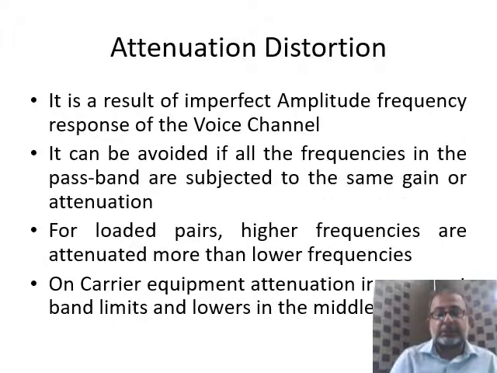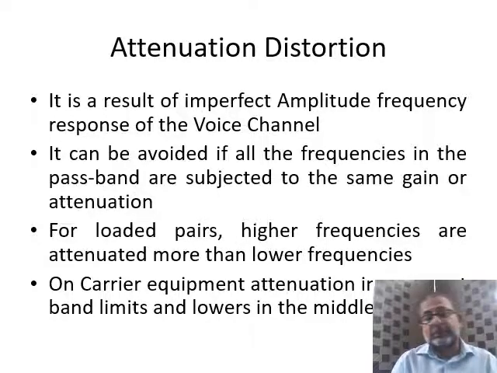Now let's see what attenuation distortion is. It is the result of imperfect amplitude frequency response of the voice channel. It means that we have a range of frequencies that we generate at our end before transmitting it into the telecom system. We have a range from 200 to 3200 hertz, for example.